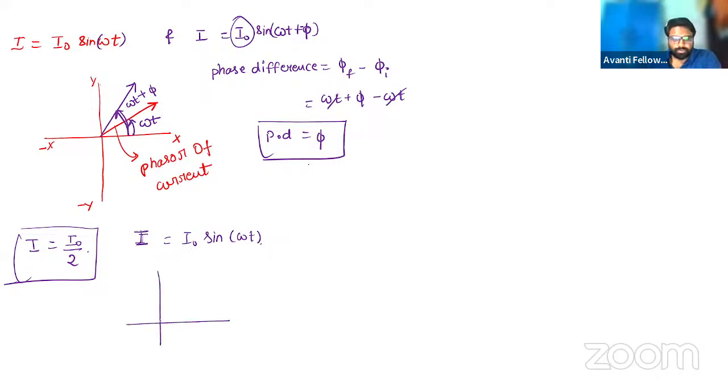So to draw this, this is I naught and this is pi by 3 for this particular value.